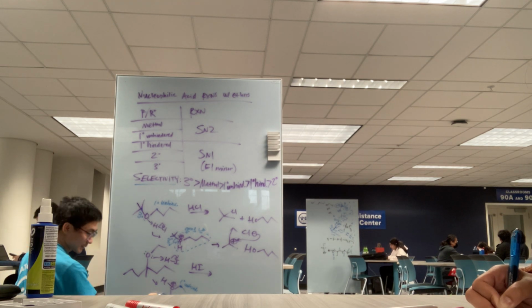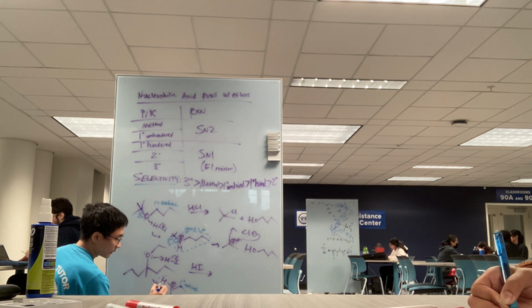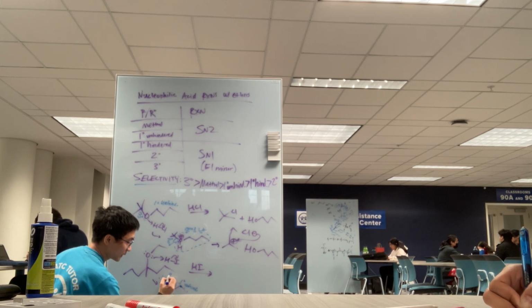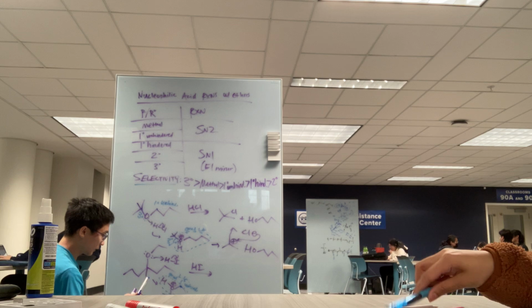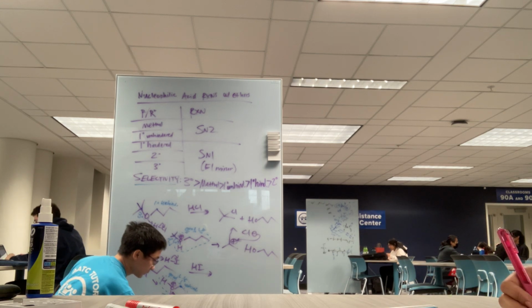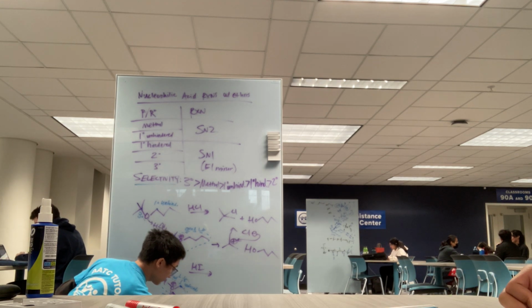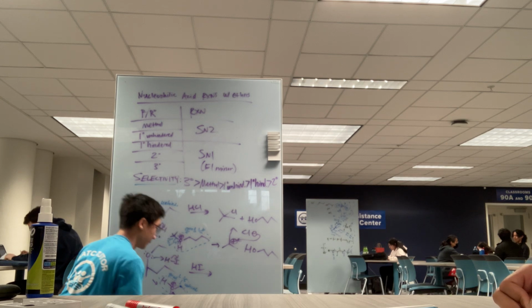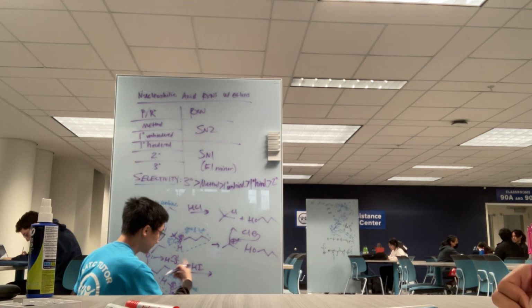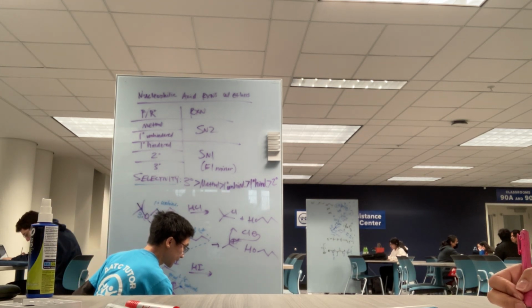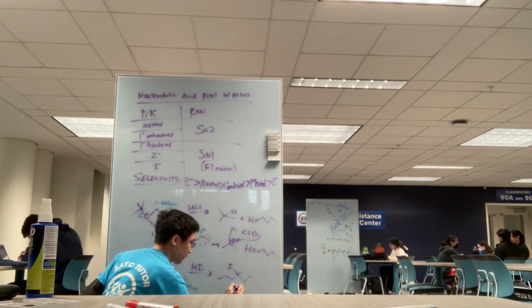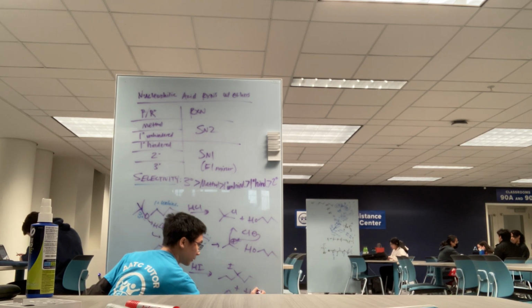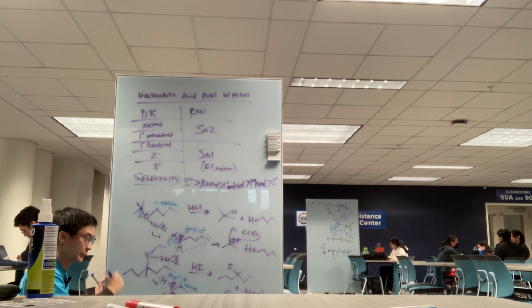Tertiary. So if this tertiary carbon is the priority, this would be the good leaving group. We're going to kick off that leaving group like this, which forms the carbocation here, where Cl minus is going to attack that carbocation, giving us this product plus the alcohol that left as a leaving group.